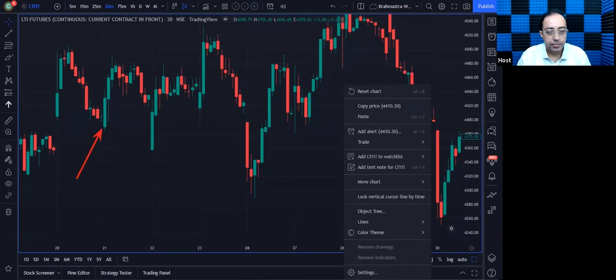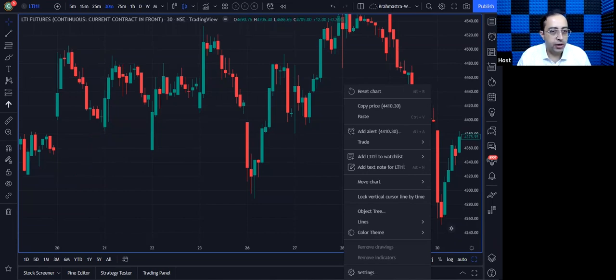What is this? This one? Yes, it's a long body. It is not engulfing. This was a trick question. It is not engulfing.